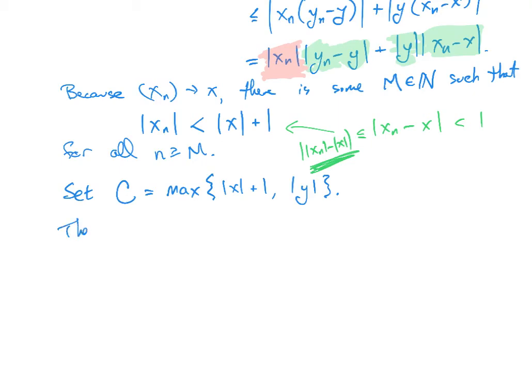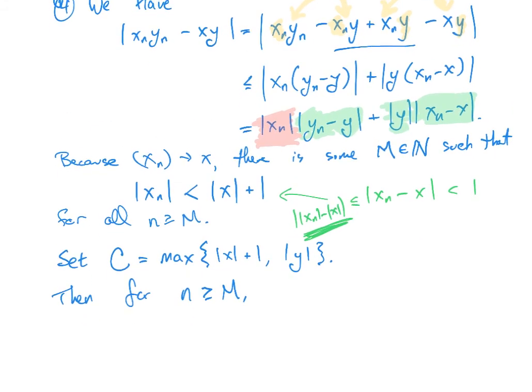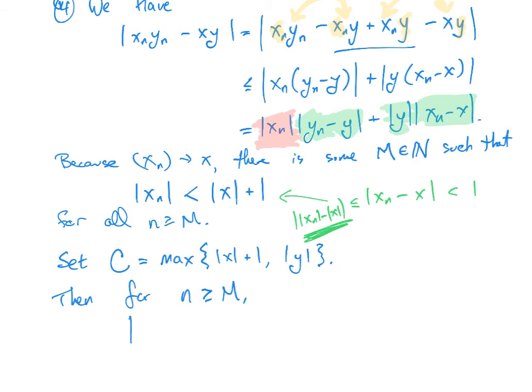Then for n at least capital M, what do we know? The quantity we care about is less than or equal to both the xn and the y terms are less than or equal to C, sorry.